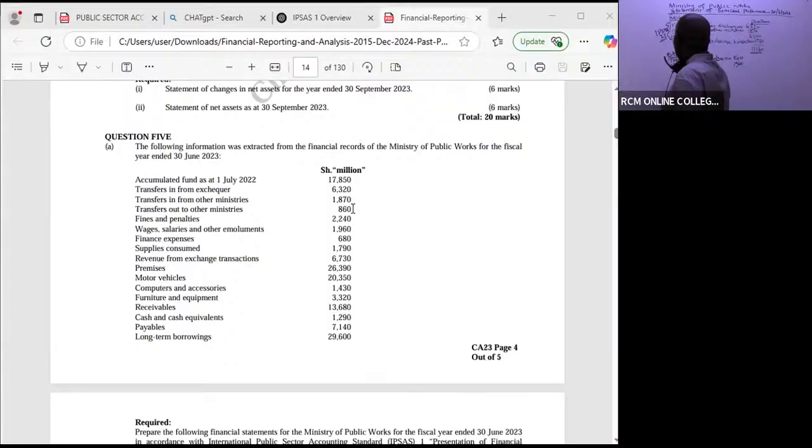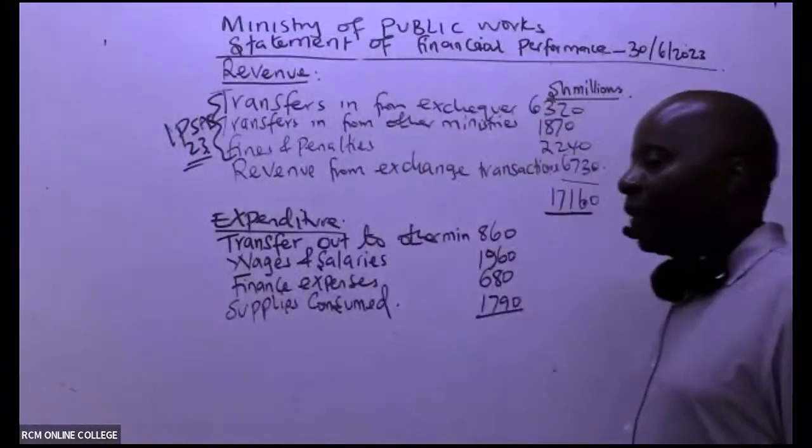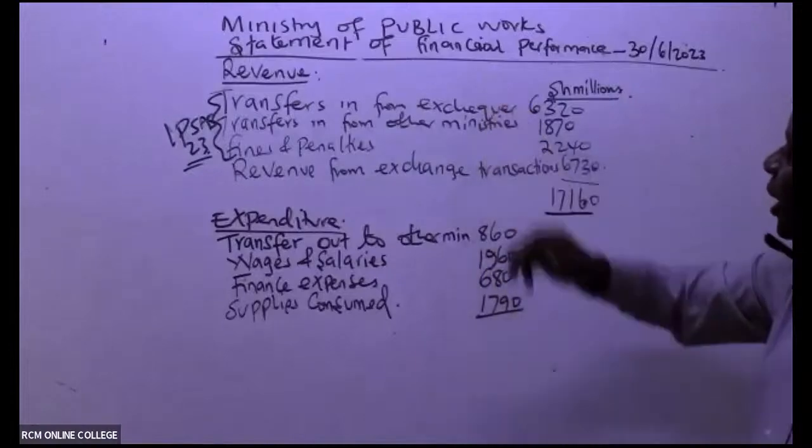So we have finance expenses, 680. Then we have our stationery, supplies consumed. How much do we have there? 1790. So is there anybody who is able to give me this total, ladies and gentlemen? You add, you can see I've taken this back. You can also write on top here.